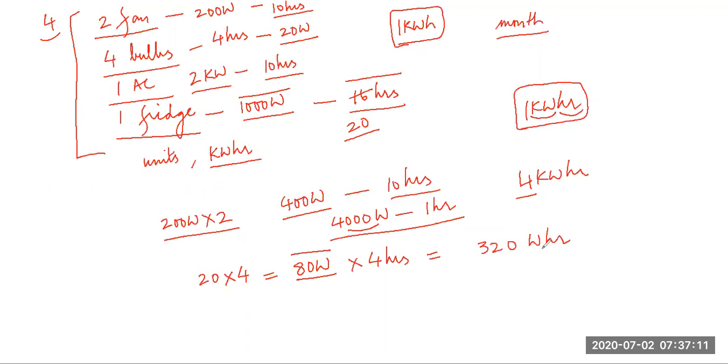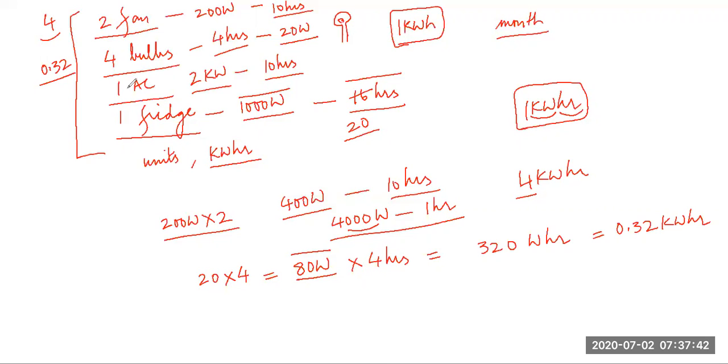I want to convert into kilowatt, so it will be 0.32 kilowatt hour. So it's like just 0.32 units. See, 4 bulbs. This is the advantage of using today's bulbs. The wattage is very less as compared to previous bulbs. If you remember, it used to be a 100 watt bulb.